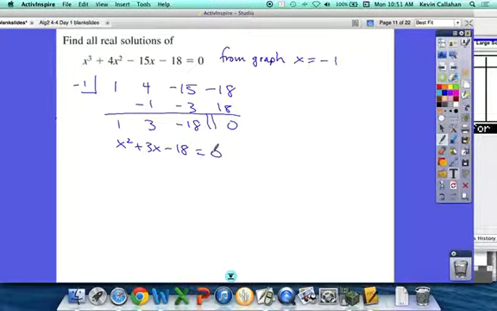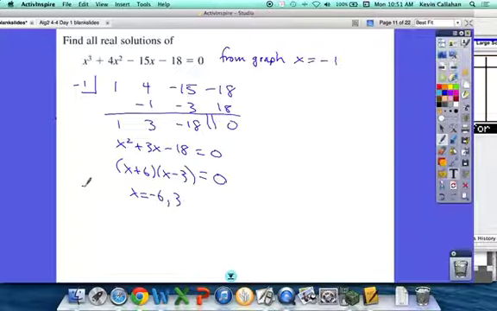Is that factorable? It is factorable, right? What are the factors? -3, +6, because that's a positive, right? So it's x plus 6 times x minus 3. So the last two, which happen to be rational zeros, are x equals -6 and x equals 3.